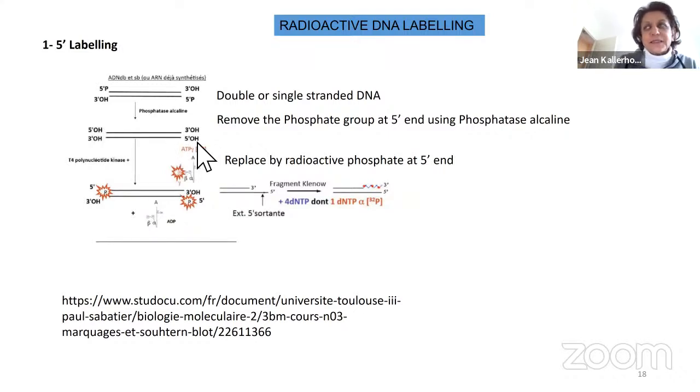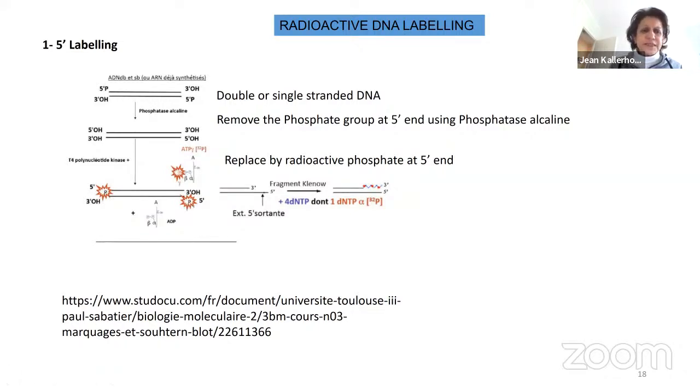Now that it has the hydroxyl group, you will replace this with a radioactive phosphate by using a kinase. A kinase is an enzyme that will add phosphate groups. Therefore, the 5' OH will become 5' radioactive phosphate.